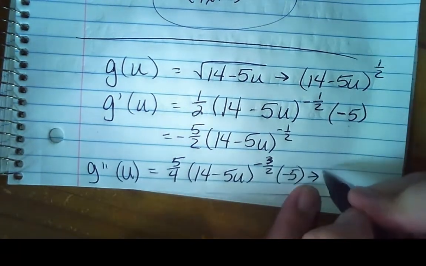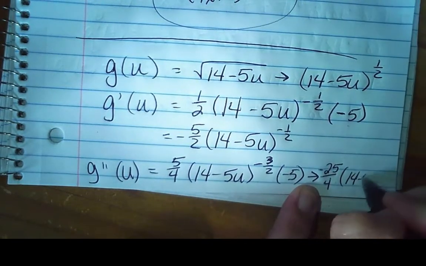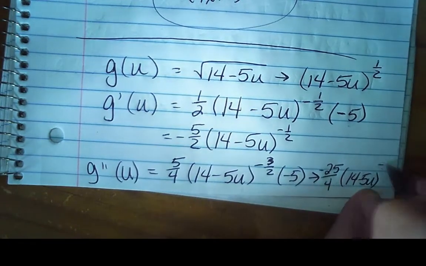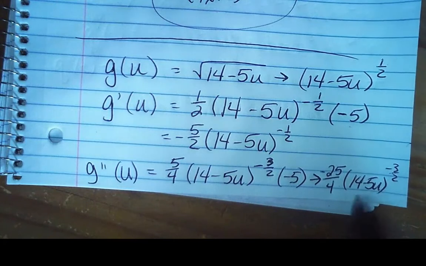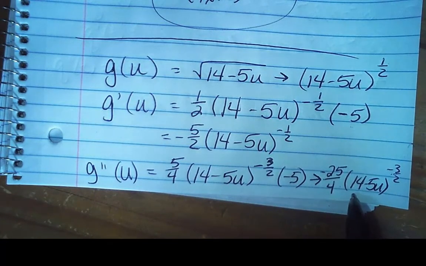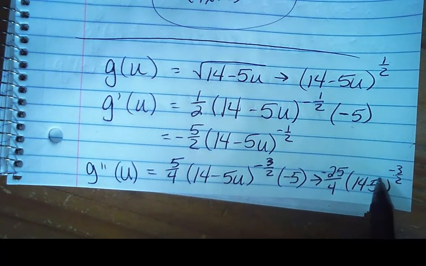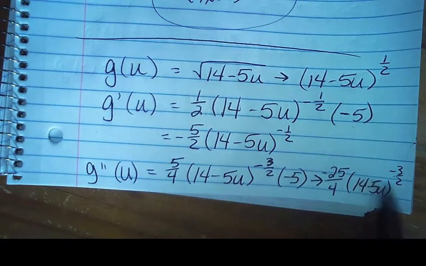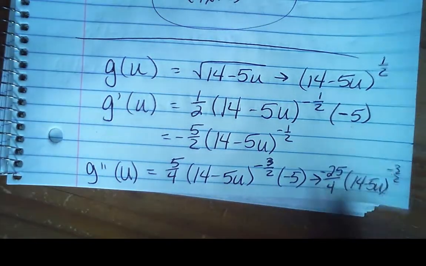So if you wanted to clean it up, negative 25/4, 14 minus 5u to the negative 3/2, which also means you could drop this 14 minus 5u down into your denominator, raised to the 3rd power, but you're taking a square root, which means you could simplify it from there. It's not too hard, it's just more stuff to do when this is acceptable. Not too hard, but we're lazy math people.